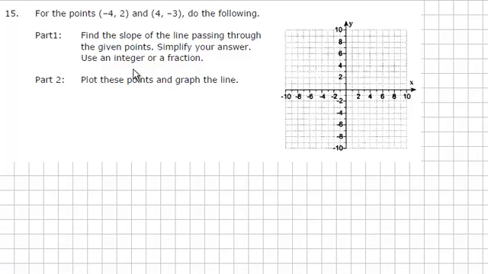What we need to do is to recall the formula for slope. So recall that slope is equal to y2 minus y1 divided by x2 minus x1. y2 represents the y-coordinate of the second point.